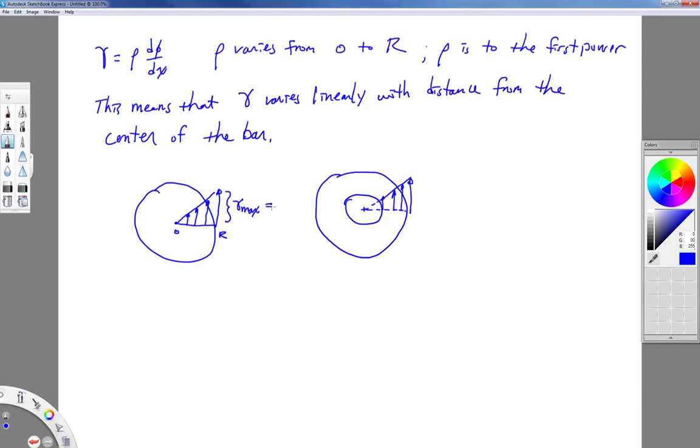Okay, so here the maximum shearing strain would be equal to R times the twist rate. Here, gamma maximum is equal to the outside radius times the twist rate, and the minimum is equal to the inside radius times the twist rate.